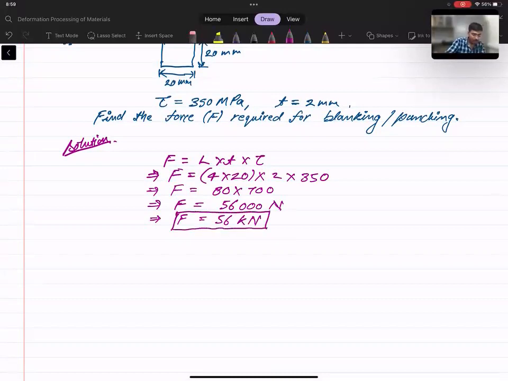See, only a 20 mm section is being punched out or blanked, and for that we require 56 kilonewtons of force. So the blanking or punching operation is not a joke. Basically, this much high force is required here.